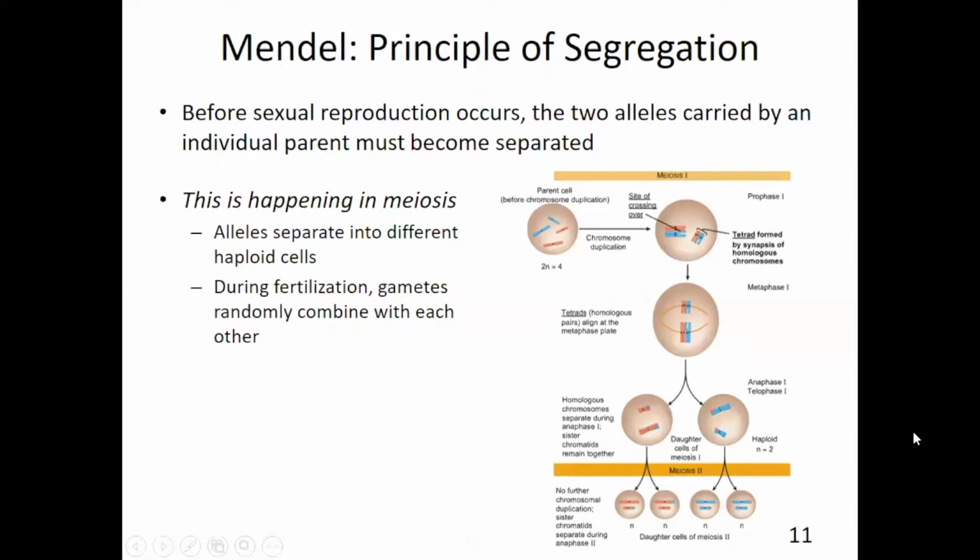Mendel had several important findings, one of which is called the principle of segregation. The principle of segregation says that prior to sexual reproduction, the alleles carried by a parent must be separated. This is what is happening in meiosis. We learned about meiosis in the previous chapter, and we learned that meiosis is a type of cell division in which the number of chromosomes is reduced.